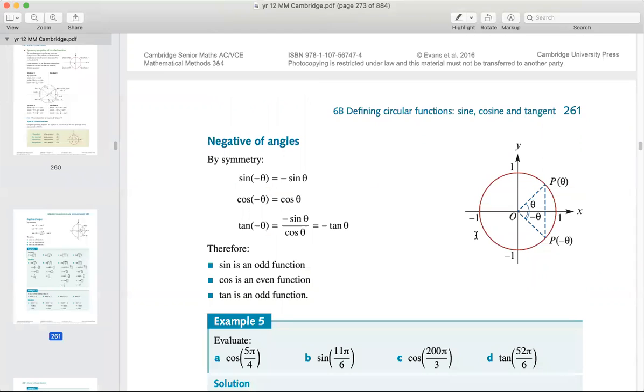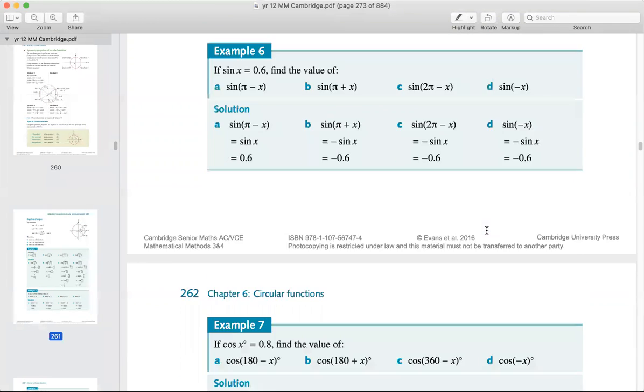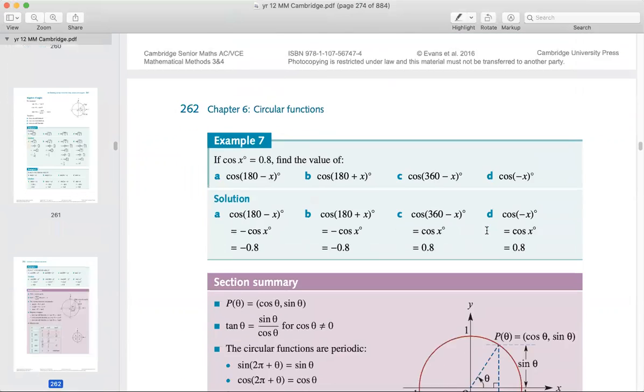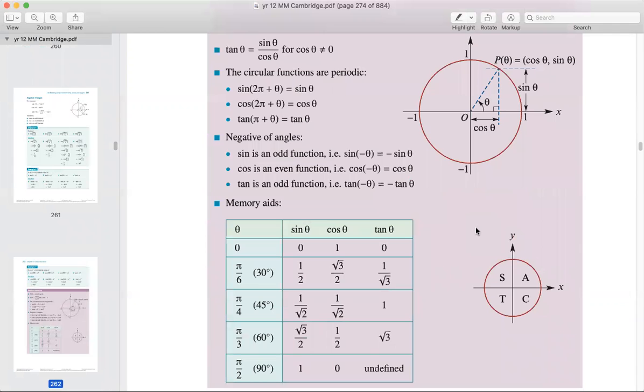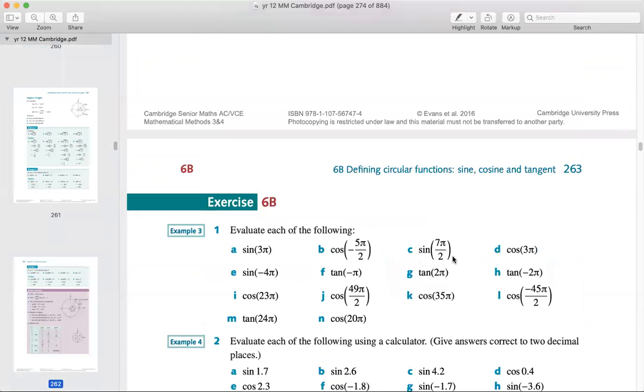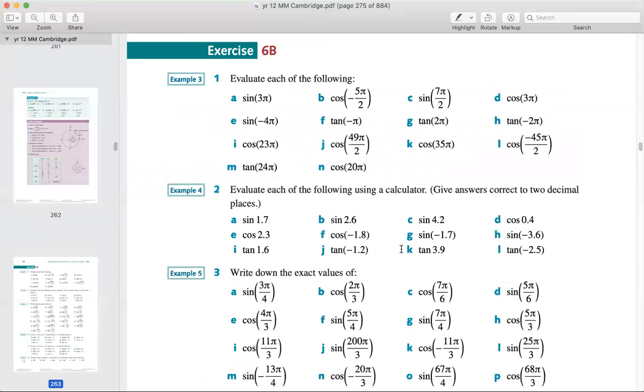And then for negative angles, it essentially means we convert it in the fourth quadrant, so it's the same as our C. Okay, so example 5 and 6, you guys need to be familiar with and ready for the converting. Okay, from the basic ones, memorise, and to our new ones like this to convert it.